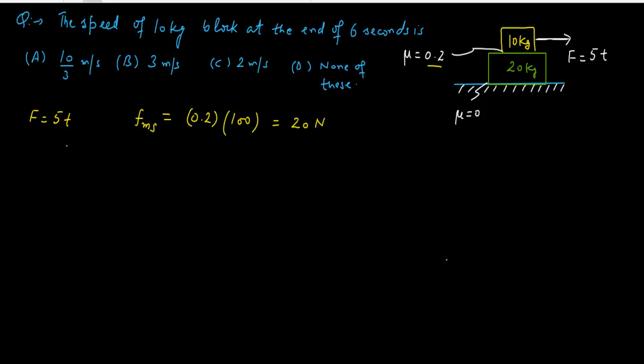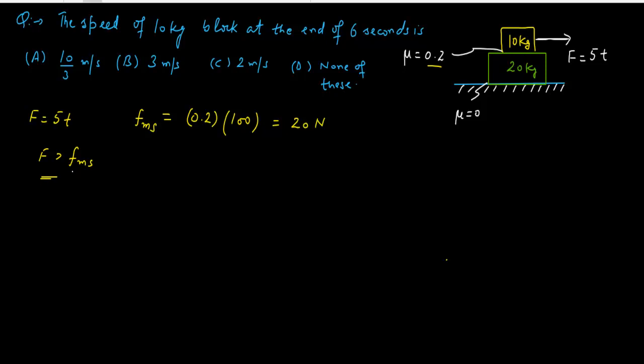Now the students are tempted to solve this problem with the inference that as soon as the applied force F equal to 5t becomes more than the force of maximum static friction, the 10 kilogram block comes into relative motion with respect to the 20 kilogram block, and this is a fact also.